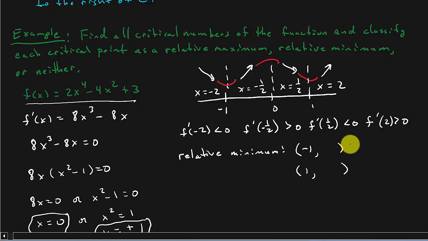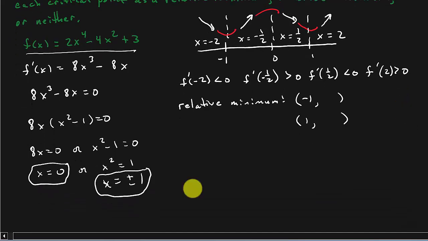And so now I'll come down here and do it. I've got f of -1 is equal to 2 times -1 to the 4th minus 4 times -1 squared plus 3. And so that's going to be 2 minus 4 plus 3.